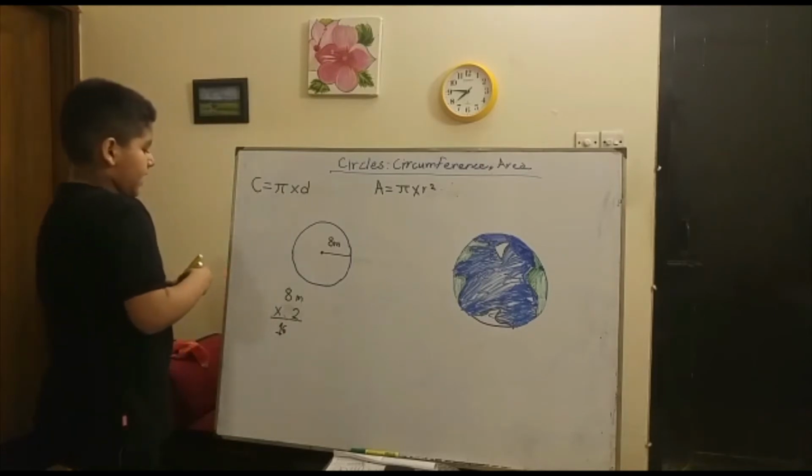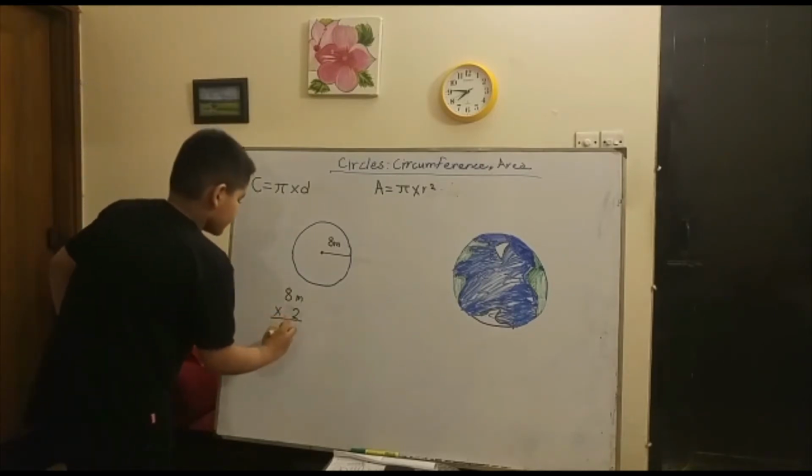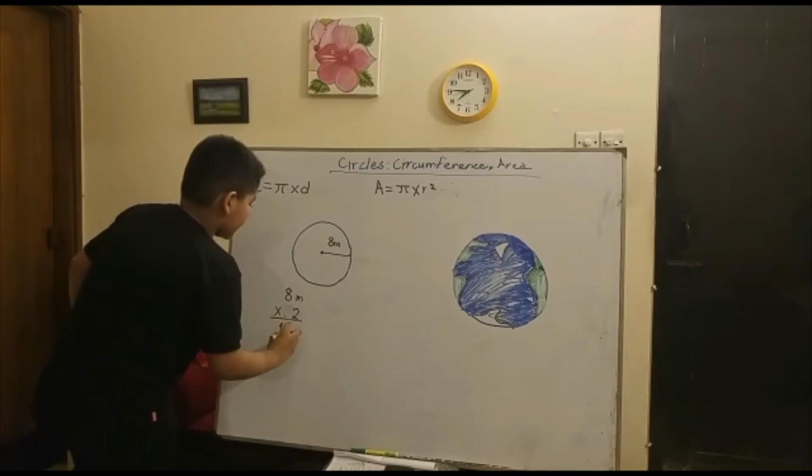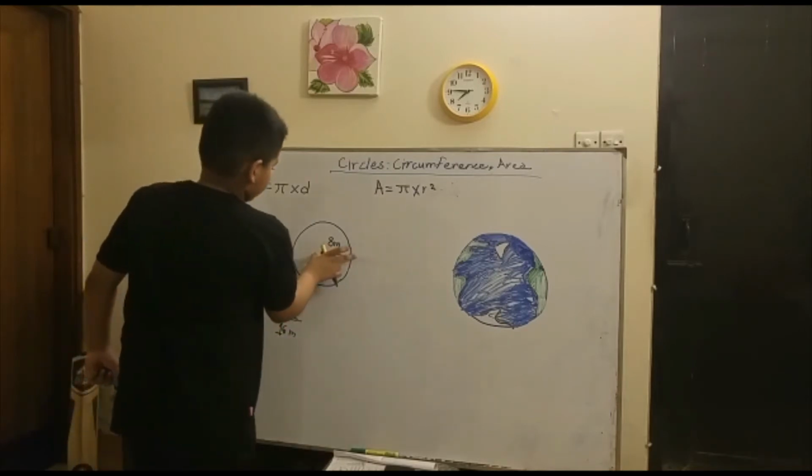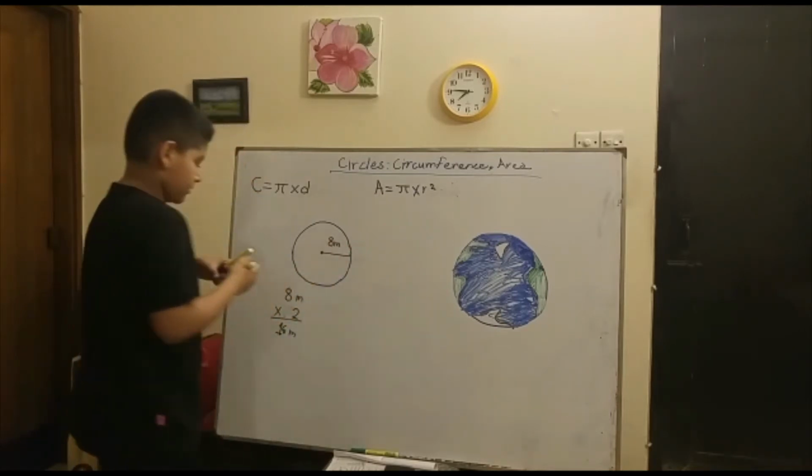So its diameter is 16 meters. That's why you should always know that the radius is half the diameter.